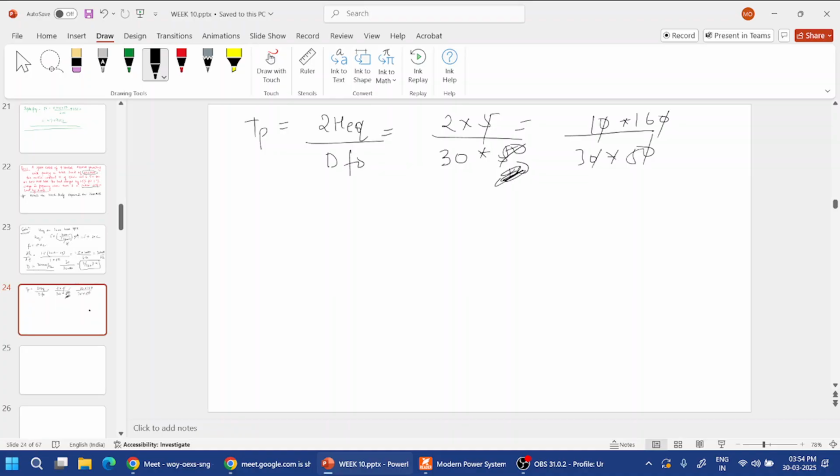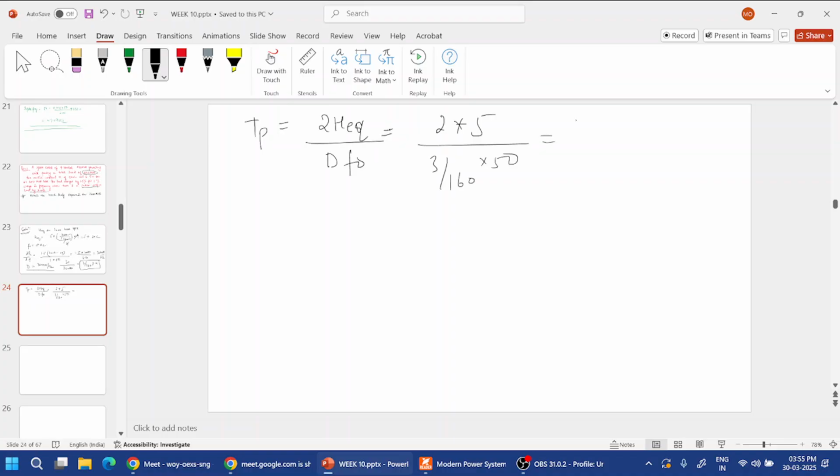So how much will it come to? I think it's 16 upon 15. 3 by 160, 2 into 5, 10. Just a second, let me. It comes out 2 into H equivalent, which is in per unit F, then D is 3 by 160 multiplied by 50.